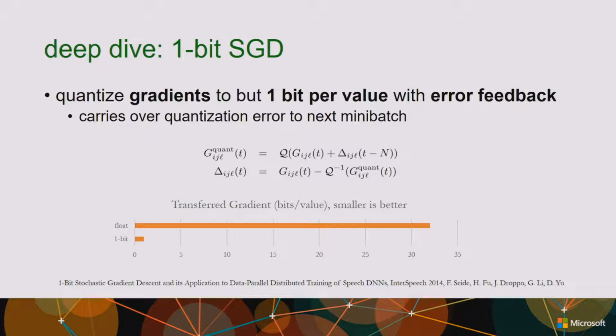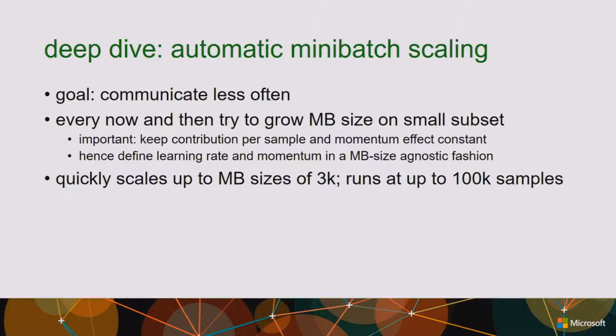And again, transfer it at 1 bit and keep the residual again. For signal processing people amongst you, this is similar to sigma delta coding, or, like the fancy pixelized pictures that we saw yesterday, this is actually error diffusion. It's a very, very similar technique. And it gives you a factor of 32 better bandwidth. And this really brings you into the range where it can very nicely parallelize over like 16, 32 machines or something like that.